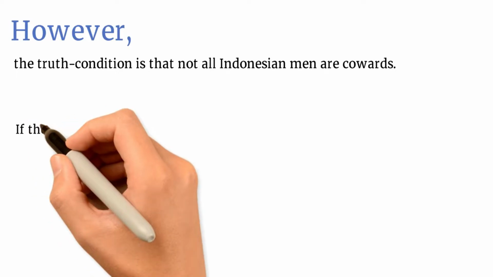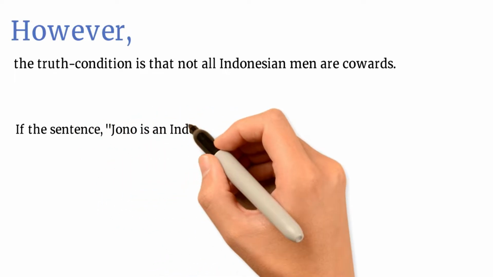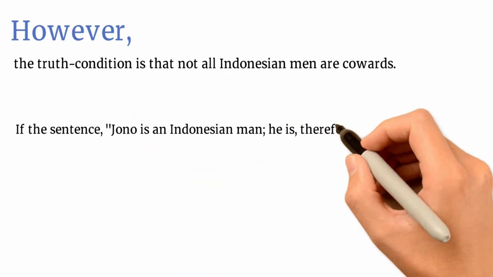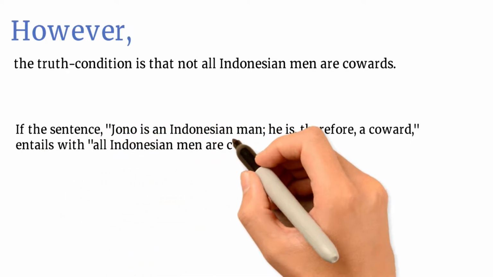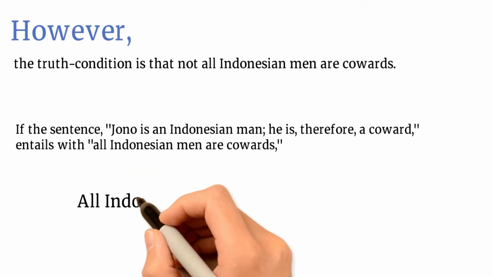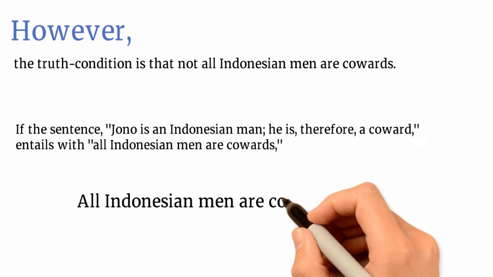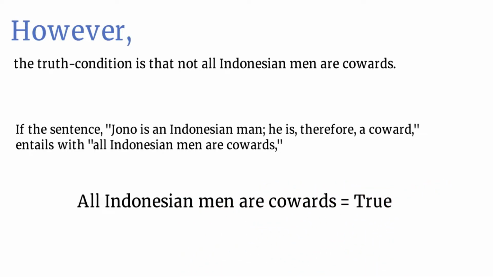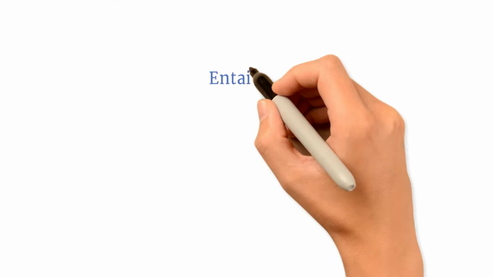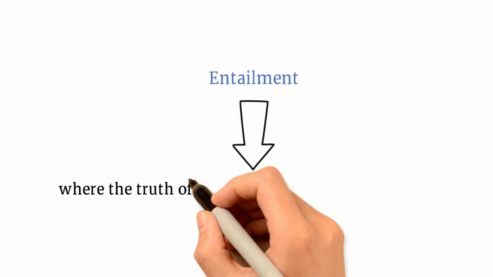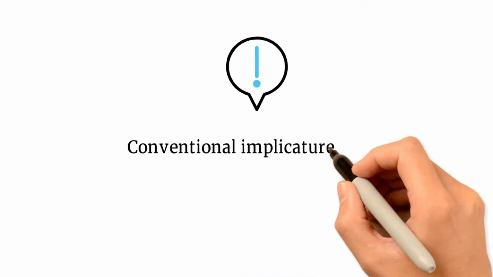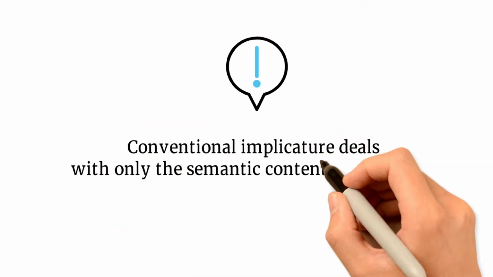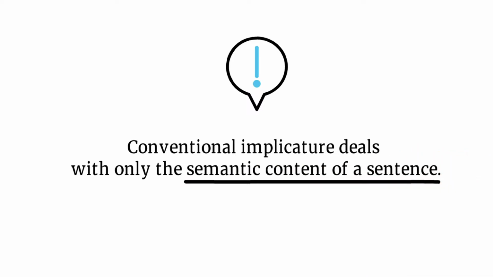Nonetheless, if the sentence entails that all Indonesian men are cowards, then it is true that all Indonesian men are cowards. It is so because entailment is where the truth of one requires the truth of the other. To summarize, conventional implicature deals with only the semantic content of the sentence.